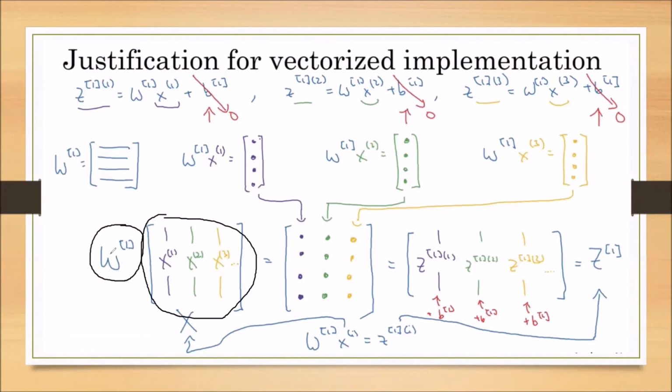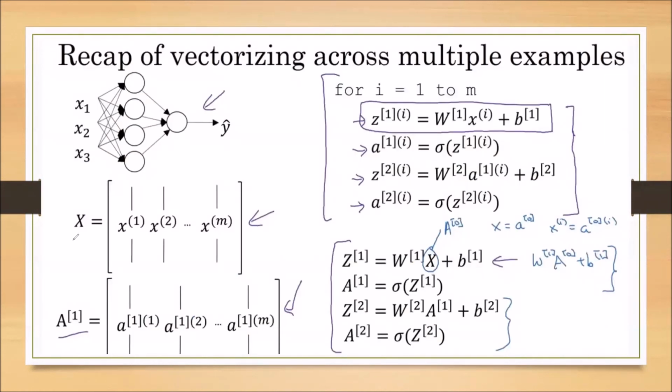Now when we multiply W with X, we finally get Z. In this capital X, the number of columns represents the number of training samples and the number of rows represents the number of features. So I can say it is an n by m matrix. Using this n by m matrix, we calculate Z1.